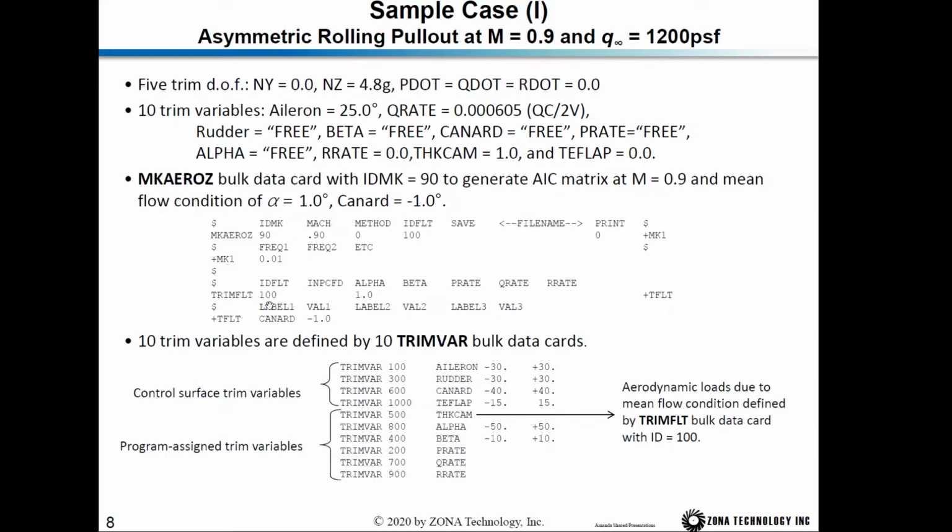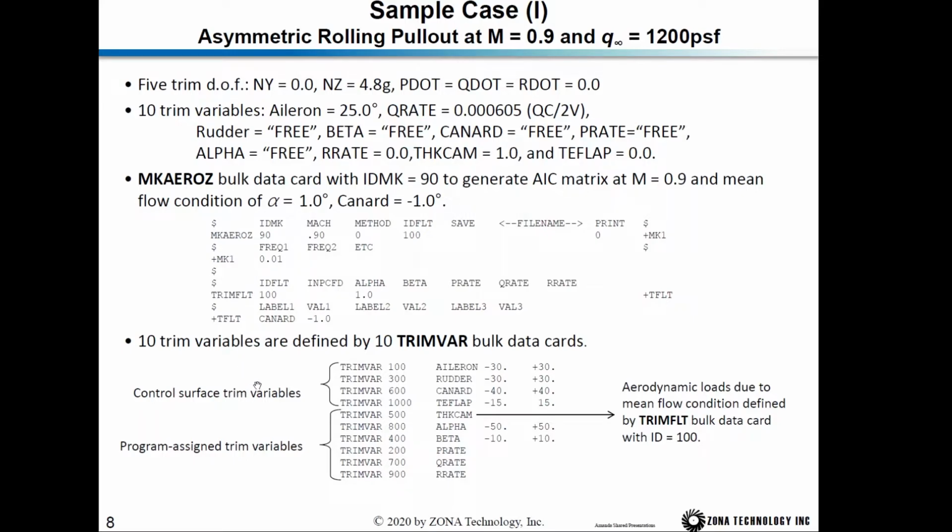In this trim flat card, we see angle of attack equals 1 degree, canard equals -1 degree, and we only need to put one reduced frequency 0.01 here, and for 0 we internally generate the AIC for the 0 frequency.